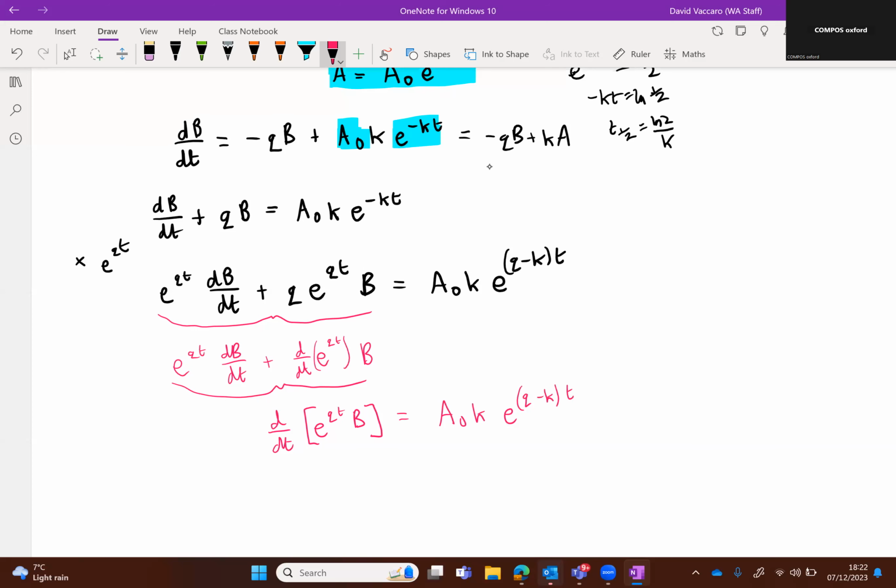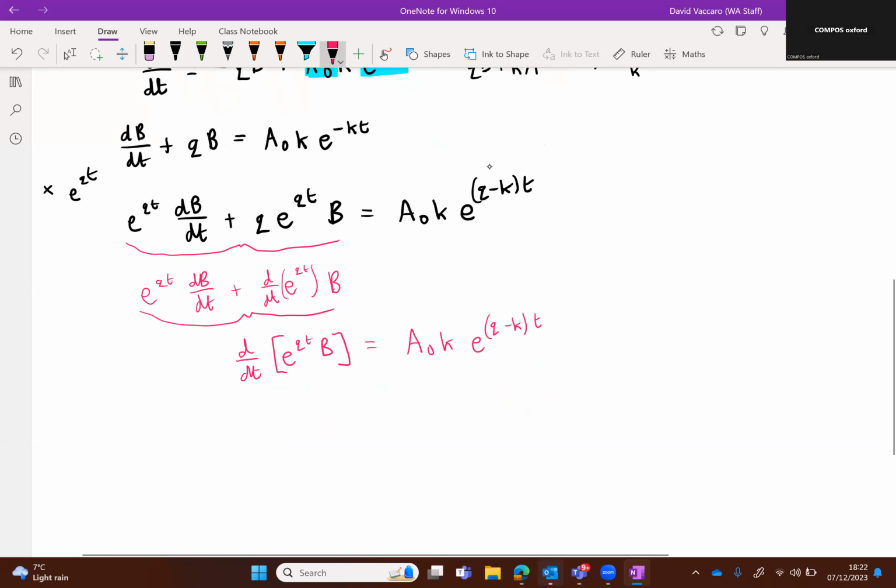Sanity check to check that everyone is following. What do I do now? On the left-hand side, I've got an expression for a derivative. What do I do next in order to undo that differentiation and enable me to find an expression for B?